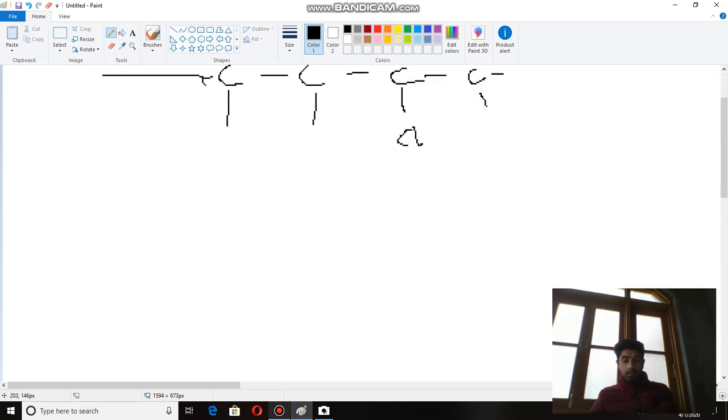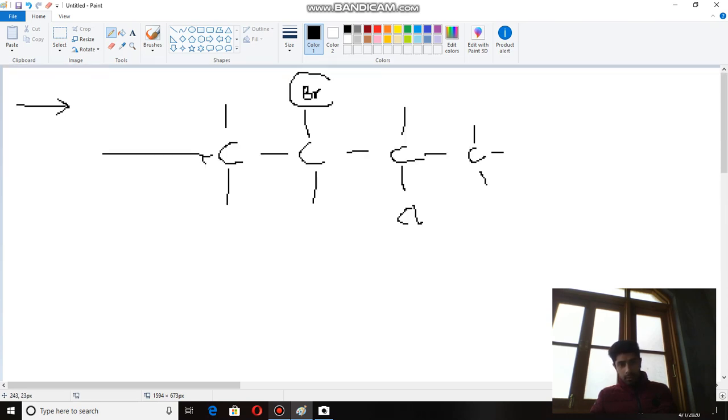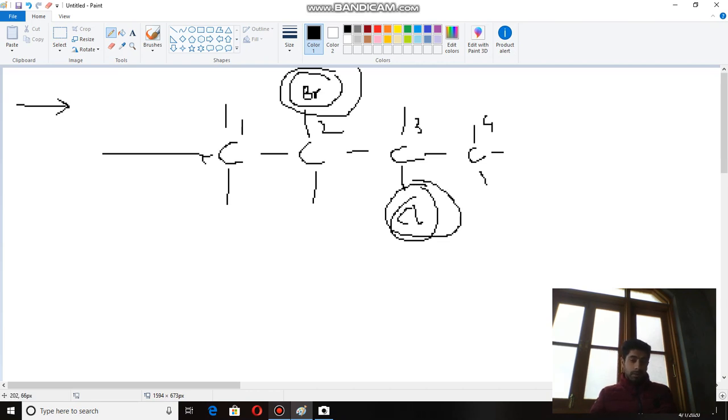Now there are two secondary prefixes here, this bromine and chlorine. Name it from here and here, 1, 2, 3 and 4. So at 2 we have this bromine, and at 4 we have this chlorine. How to name these type of compounds?